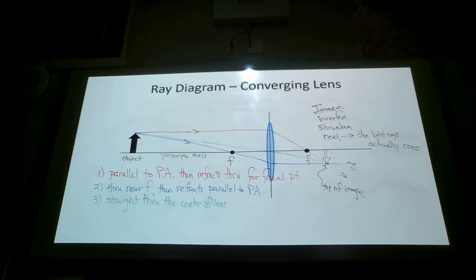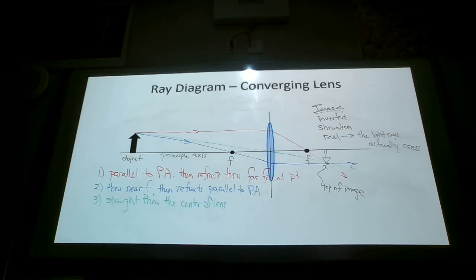So you're looking at the piece of paper, not through the lens. You're going to look on that side. There you go. See that? You're looking at the piece of paper. You're not looking through the lens.